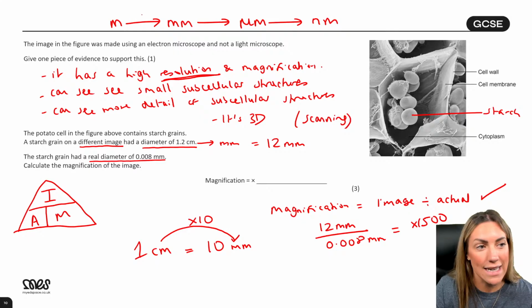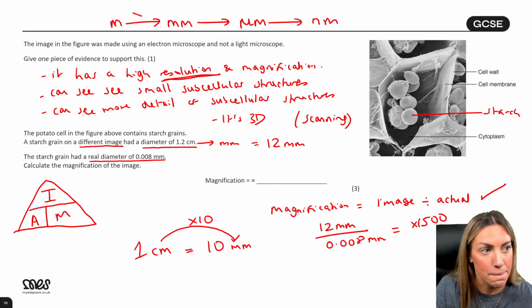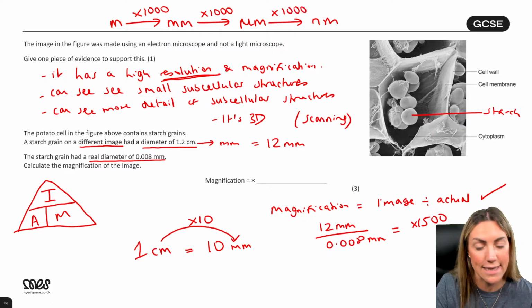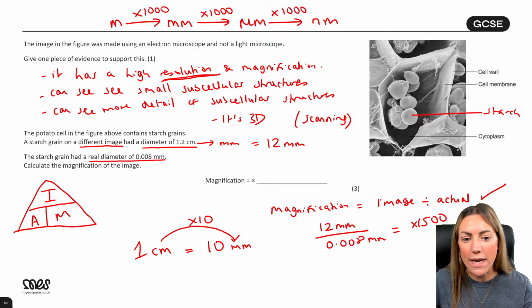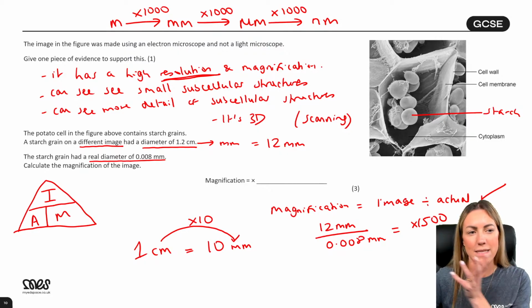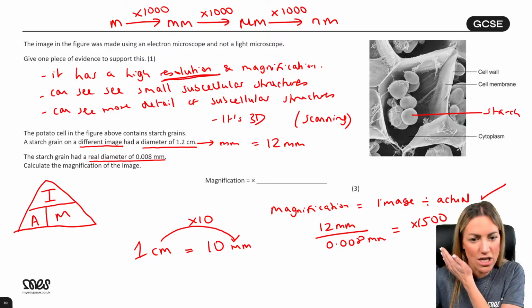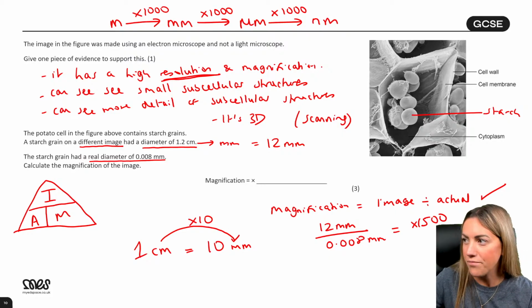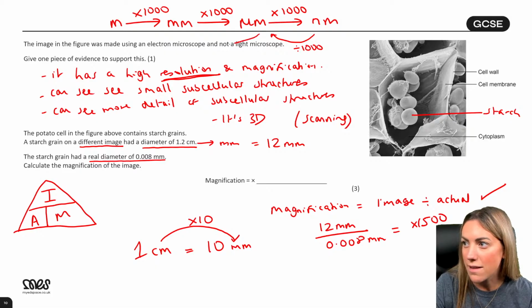So basically, if you're going in this direction, you're always going to times by 1,000. So it's nice and easy. What you could even do in your exam, if you're not confident with your conversions, is write that down. Just write down meters, millimeters, micrometers, nanometers, each time you're timesing by 1,000, right? And if you're going backwards, it's divide by 1,000.